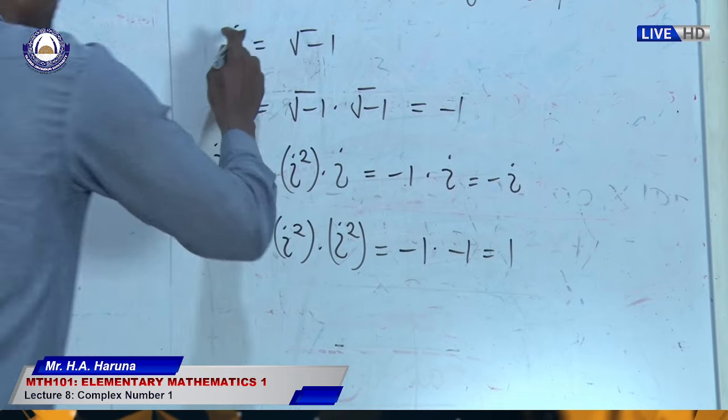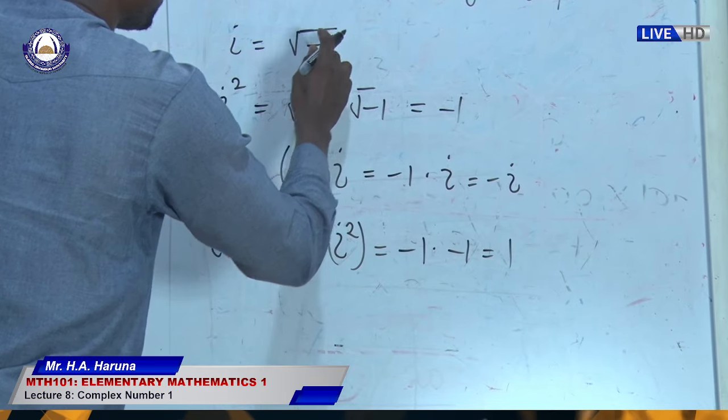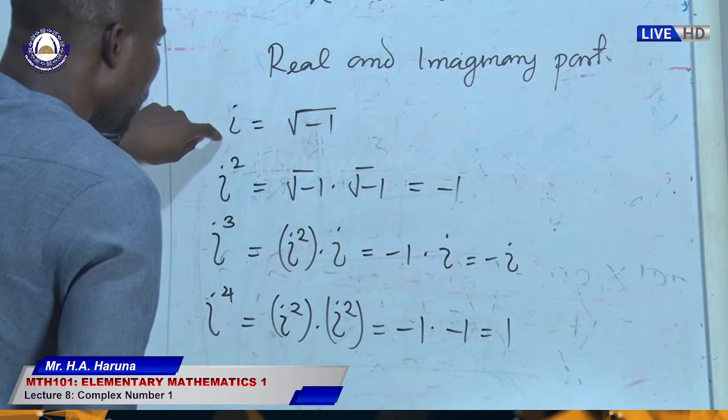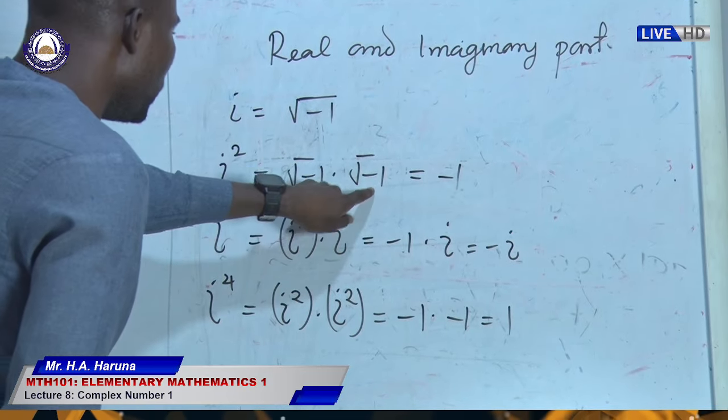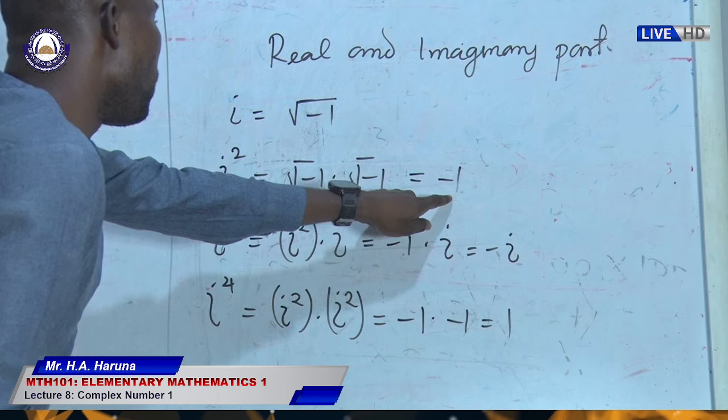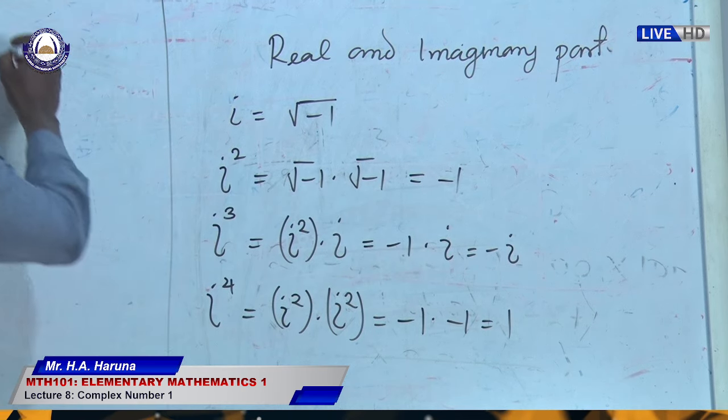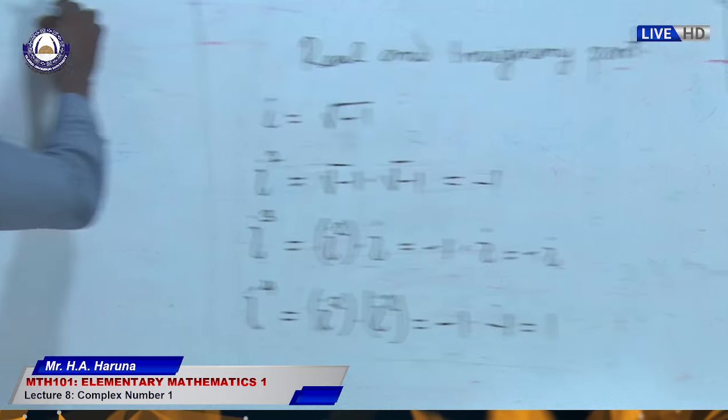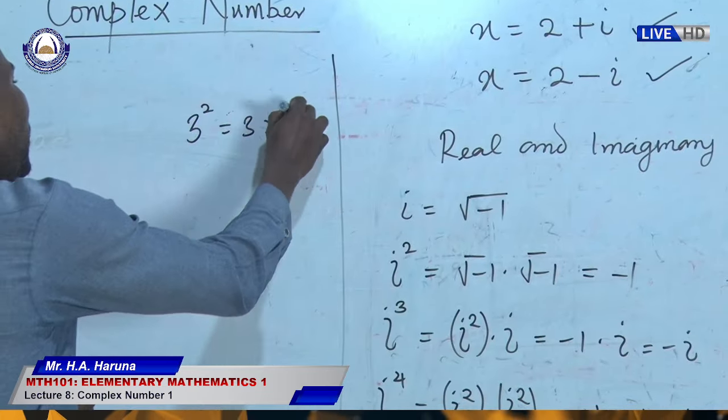This can continue, provided you follow the theory. But know that whenever you have i, you have root negative 1. Whenever you have i squared, you have root negative 1 multiplied by root negative 1, which gives you negative 1. For example, if you have 3 squared, you have 3 multiplied by 3.